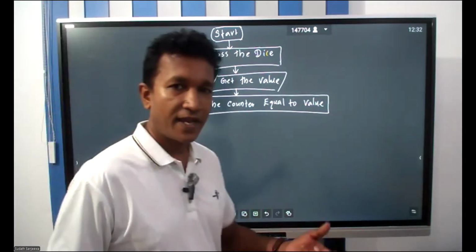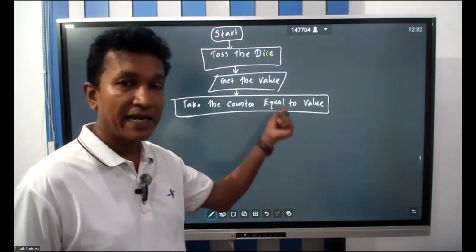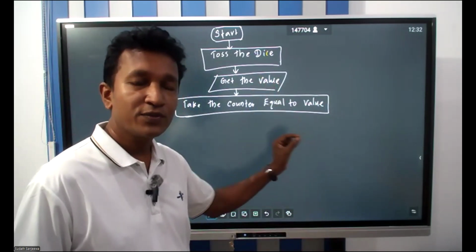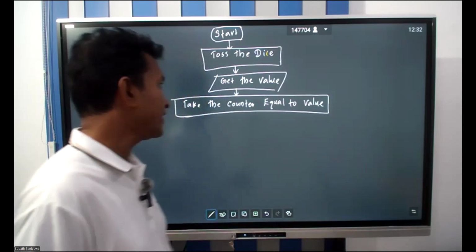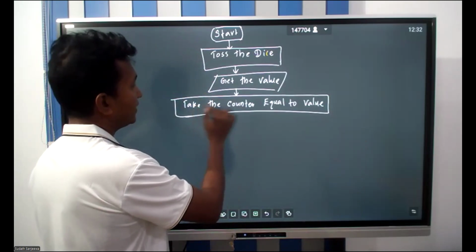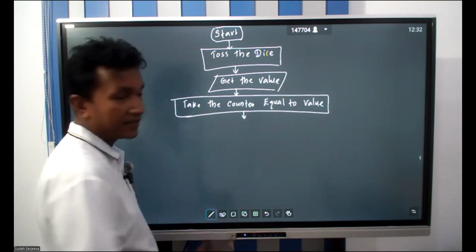So drop the dice and get the value. That means if we get the value as 3, then you move the counter 3 steps forward, right? That is this one. Take the counter equal to the value.